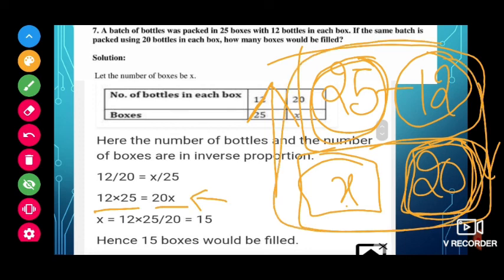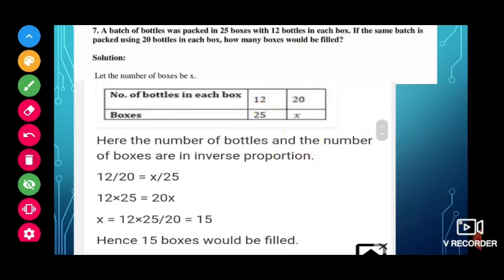So always try to use this method only. Write the given information in rows and check whether it is a direct proportion or an inverse proportion. If it is a direct proportion, cross multiplication. If it is an inverse proportion, then parallel multiplication. Okay. Now see, 12 into 25 is equal to 20 into x.